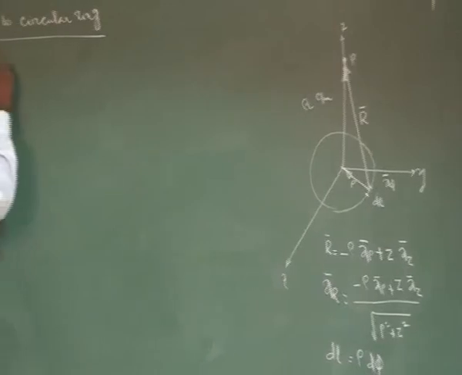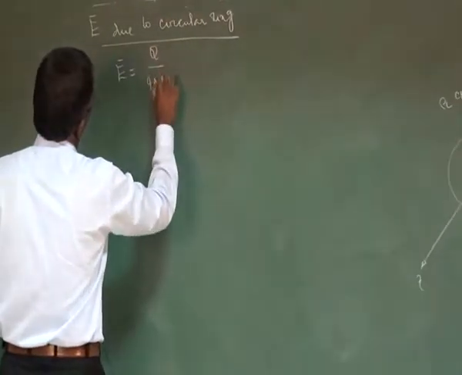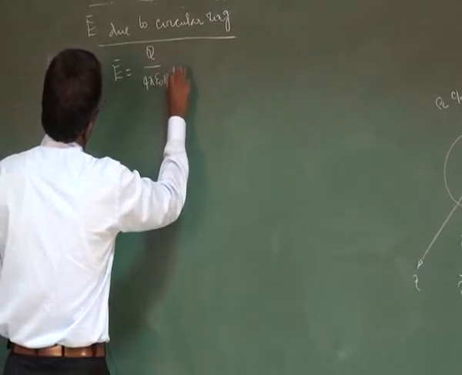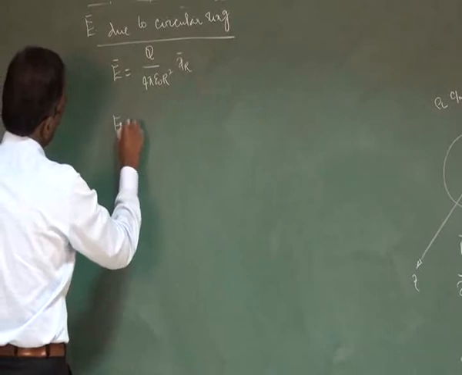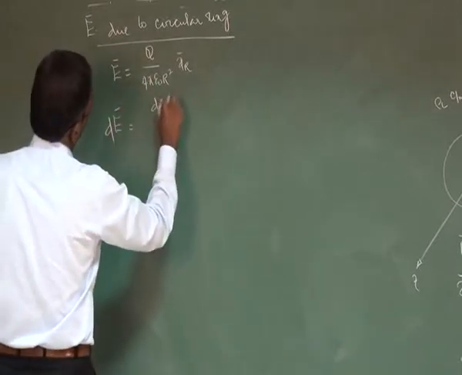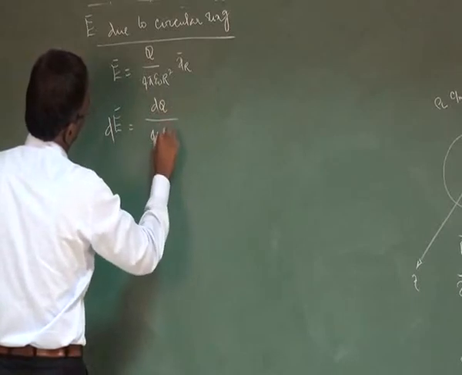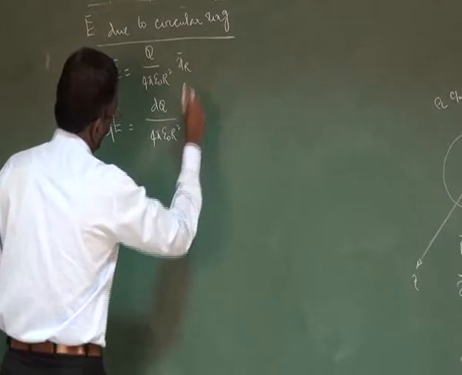As usual, we will start from Coulomb's law. E is equal to q divided by 4 pi epsilon O r square a_r bar. dE bar is equal to dq divided by 4 pi epsilon O r square a_r bar.